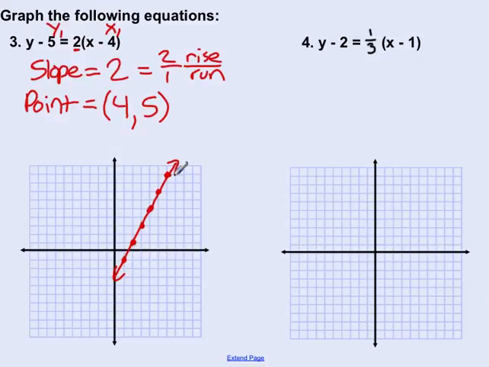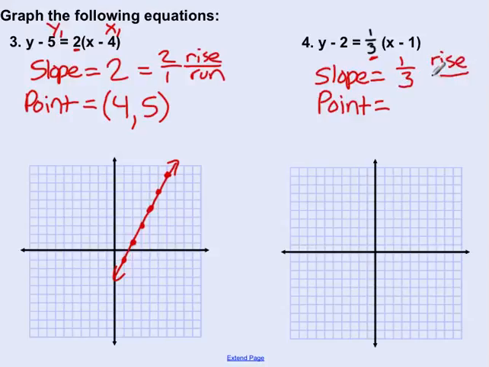Try another one. Slope, point. Slope is the easy one to find in this form. 1/3, that's your rise over your run. Your point, your x sub 1, your y sub 1. X sub 1 is located here, y sub 1 is here. Again, 1 and 2.